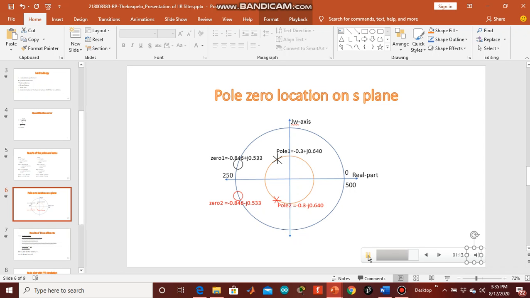That means we've moved across the real part to the left by 0.846, and we've moved across the j omega axis upwards by 0.533. Its conjugate pair will be zero 2, which is in red, where the j will now be negative. That means we've moved downwards across the j omega axis by 0.533.